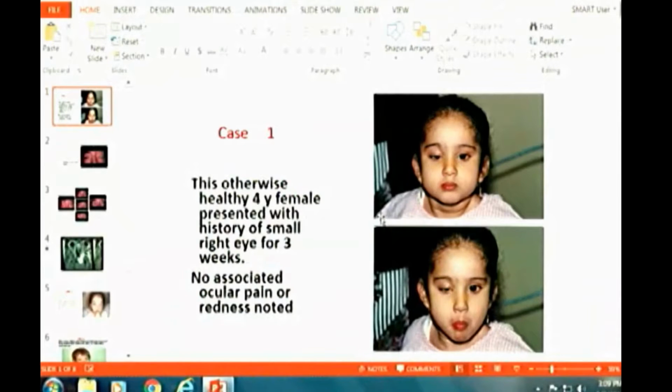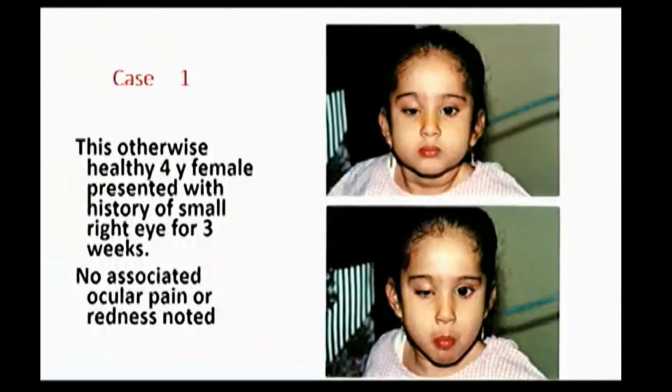First question, lights off. Explain what you see. Just write down what you see. What are the findings that you can see in this patient? Question number 2, what is your differential diagnosis?